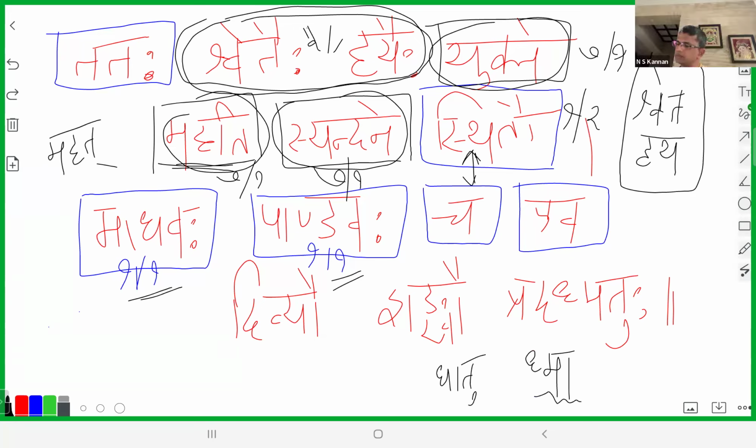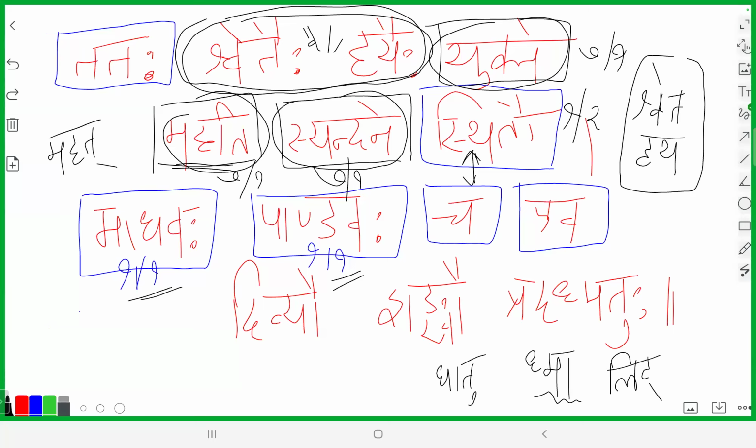Correct? Good. And then the person who has written this shloka wanted to use lit lakara. And then what does he do? He takes the prathama purusha, because they are third person. It is not I. It is not you. It is they, those two, and therefore he has used prathama purusha dvivachanam.